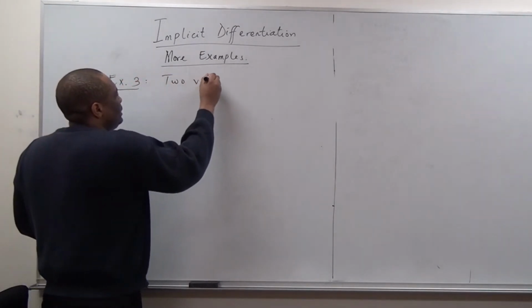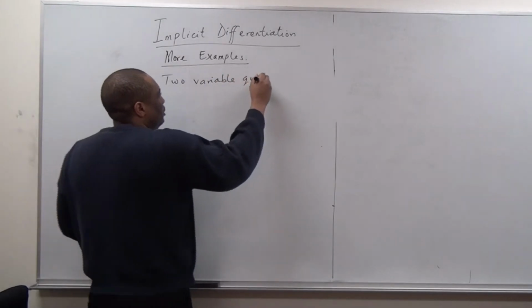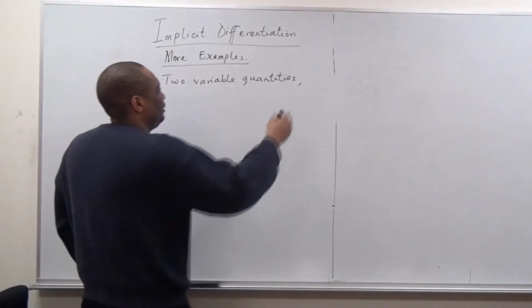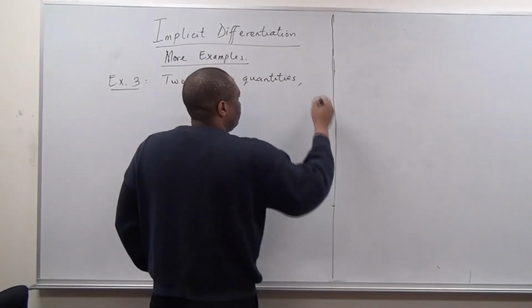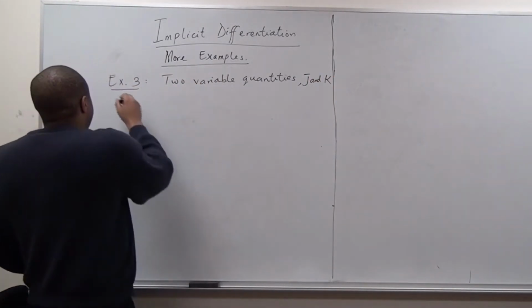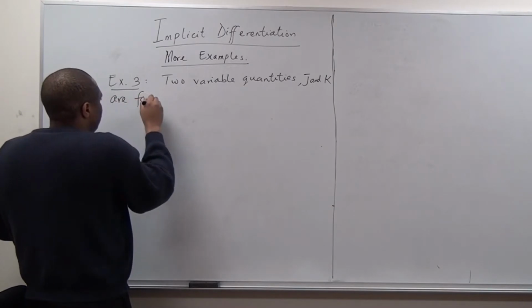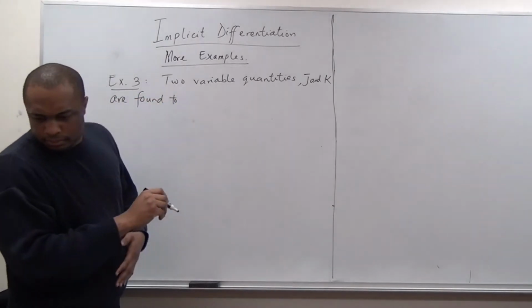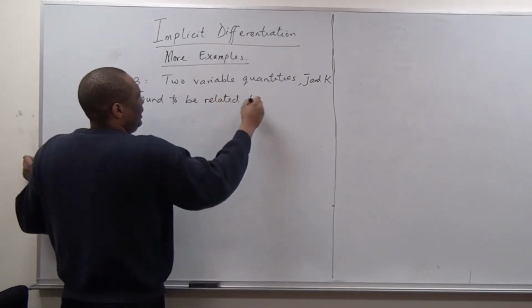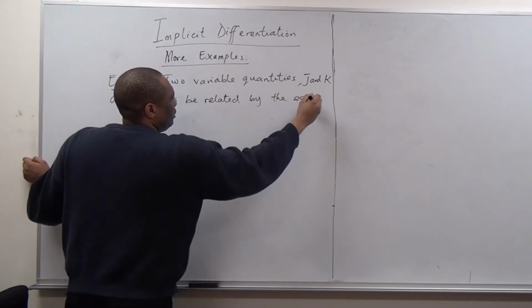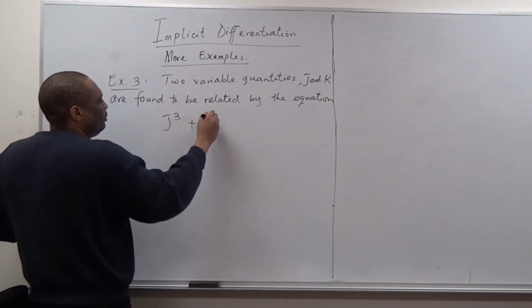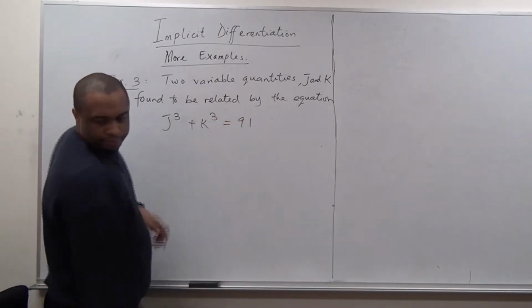Two variable quantities J and K are found to be related by the equation J cubed plus K cubed is equal to 91.